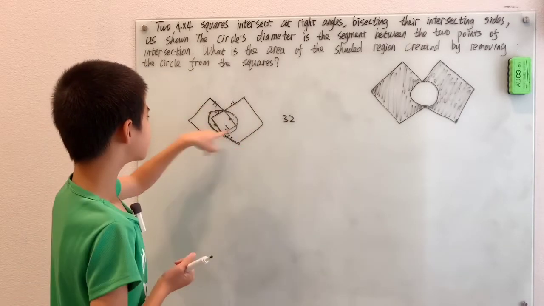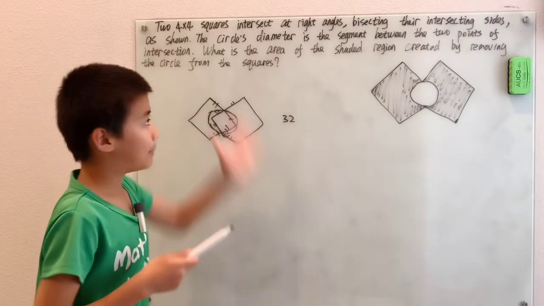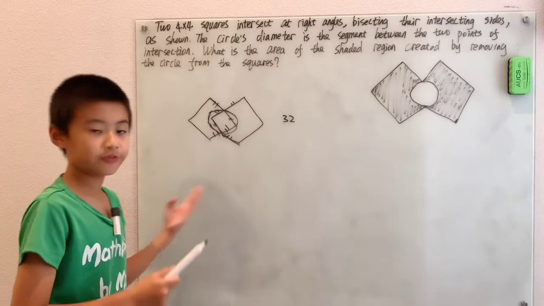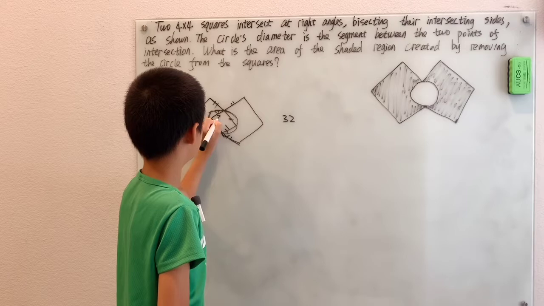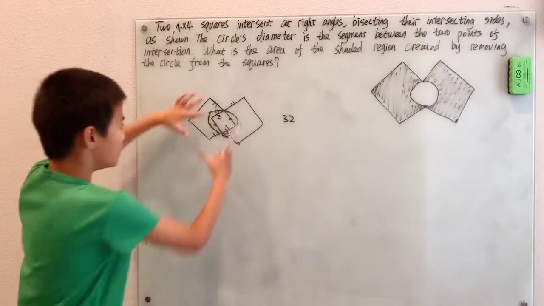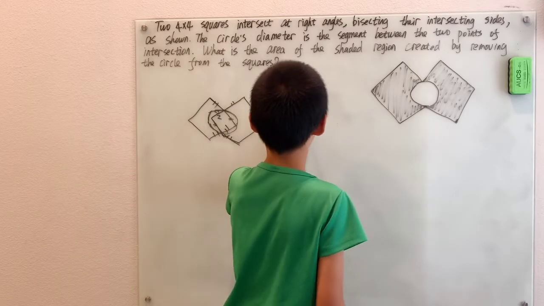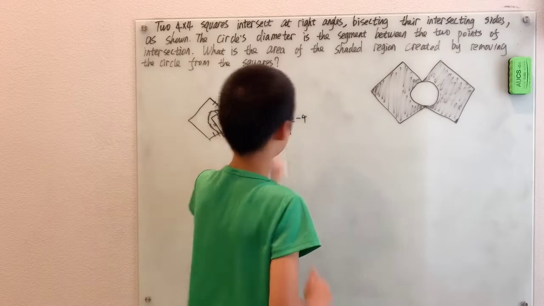But of course they intersect in that little square in the middle. If they're bisecting their intersecting sides, and each one of the sides is 4, that means the bisected sides are each 2. So in the middle is a little 2x2 square, which has an area of 4, and 32 minus 4 is 28.